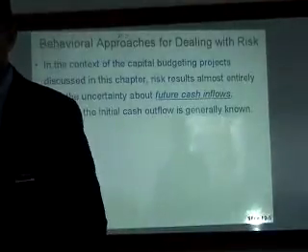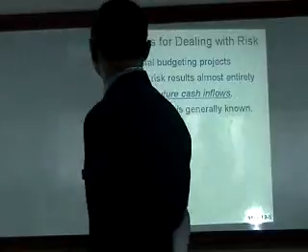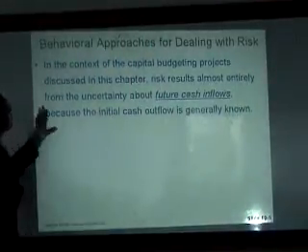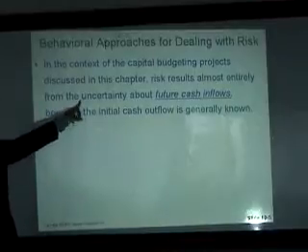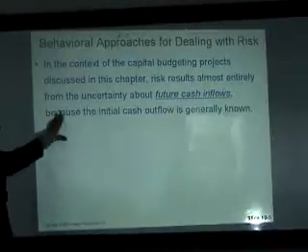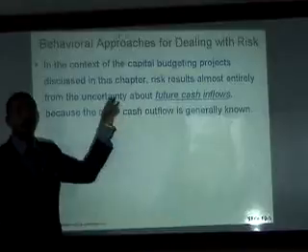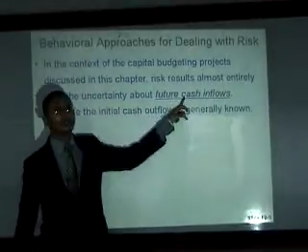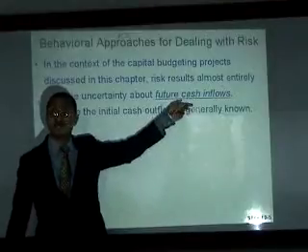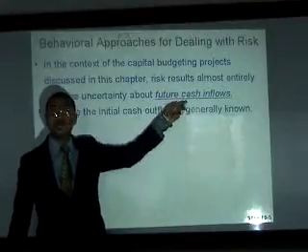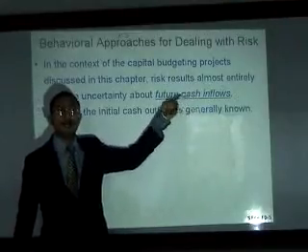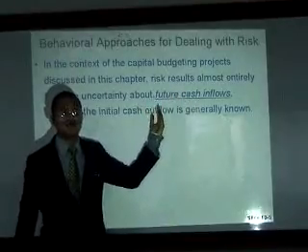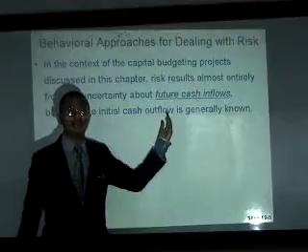So in the context of the capital budgeting projects discussed in this chapter, risk results almost entirely from uncertainty about future cash inflows, because the initial cash outflow is generally known. So basically, risk is associated with your forecast of future cash inflows, right? Are you sure that you will get the same amount that you have forecast today? For example, you forecast the first year you get 14,000, the second year 14,000.